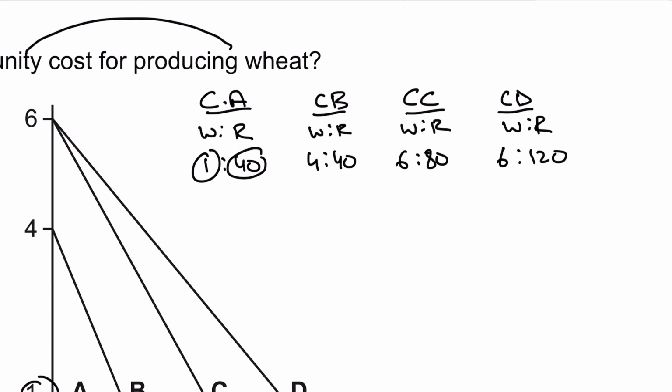For country B, you produce 4 units of wheat, you forego 40. But here you can't really calculate the opportunity cost because the output of wheat against which you will forgo rice is not common. Here you are producing 1 unit of wheat, here 4, here 6, here 6. So you can't really compare and calculate which has the lowest opportunity cost.